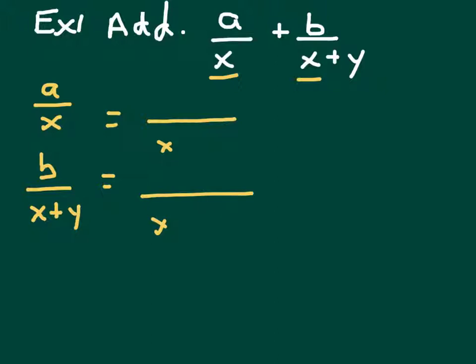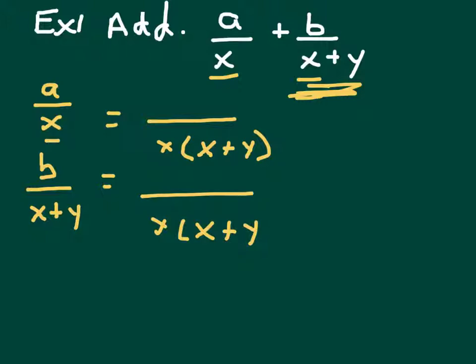No, that's not correct, because this x is connected to the y. When I find my common denominator, yes, I have an x here, but I also have that connected value, that couple of x plus y. Since it's one value, I put it in parentheses. So my common denominator is x parentheses x plus y.